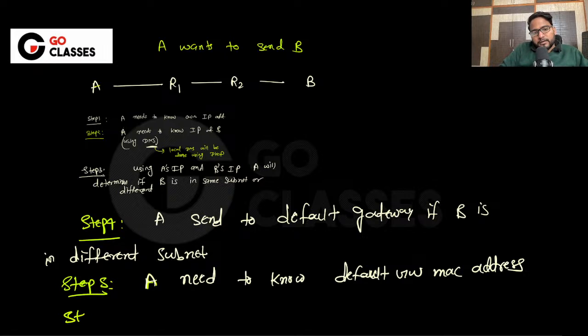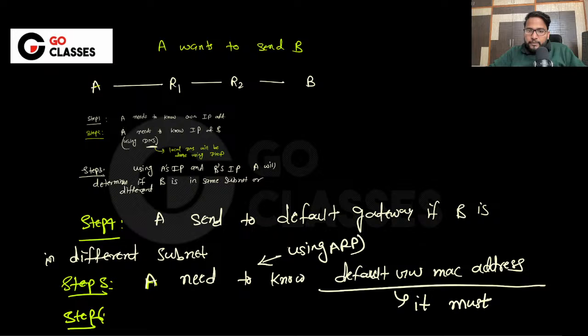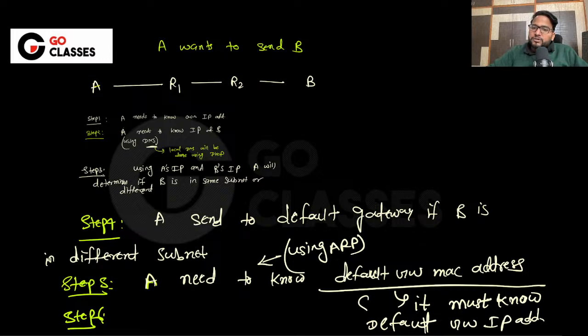And then step 6. But to get to know the default gateway MAC address, it must know the default gateway IP address itself to do the ARP, right? Using ARP, basically, it will be done, but it must know the default gateway IP address also. That will be using DHCP if it doesn't really have the default gateway IP address.